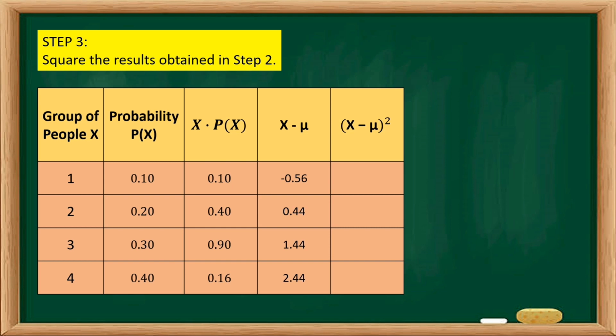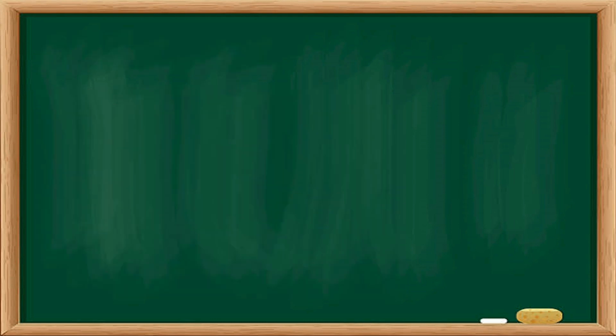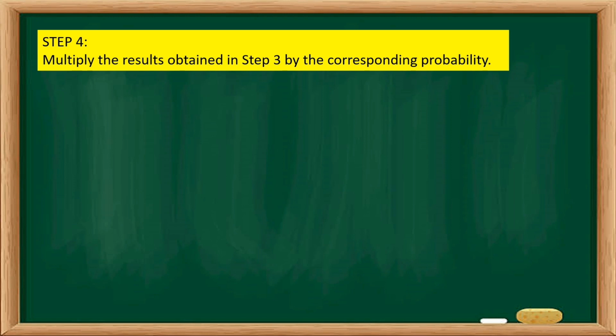The square of negative 0.56 is 0.3136. The square of 0.44 is 0.1936. The square of 1.44 is 2.0736, and the square of 2.44 is 5.9536.